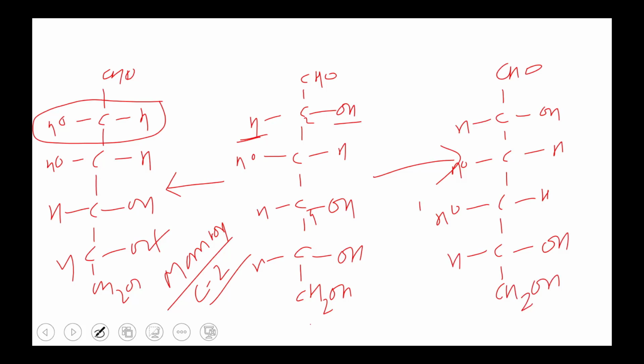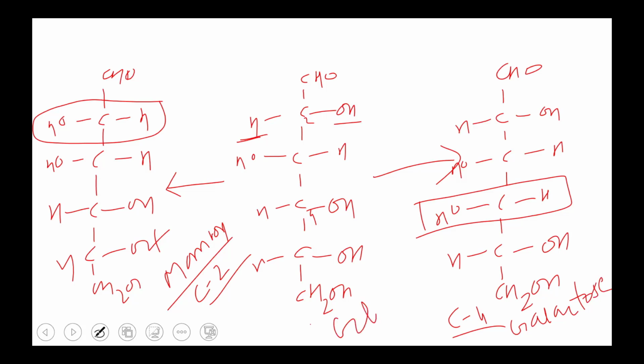Here there is a change at the C4 position. Epimerization at the C4 position gives the C4 epimer of glucose, and this is galactose. So the C2 epimer of glucose is mannose and the C4 epimer is galactose. This is the epimerization of glucose.